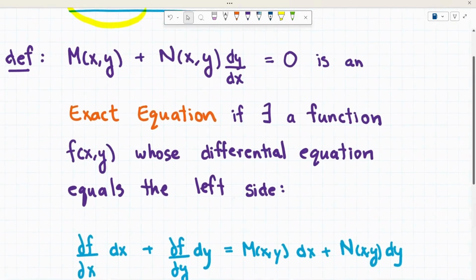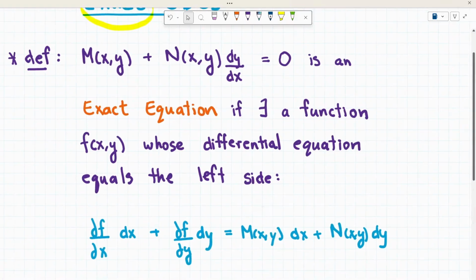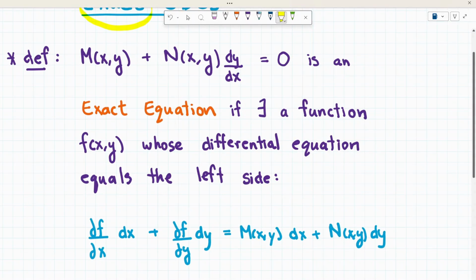Okay, so let's look at this first definition right over here. So we have some function M, which has two independent variables, x and y. And then we're adding another function N that also has these two variables, x and y, and then we can see that we're multiplying by the derivative of y with respect to x.